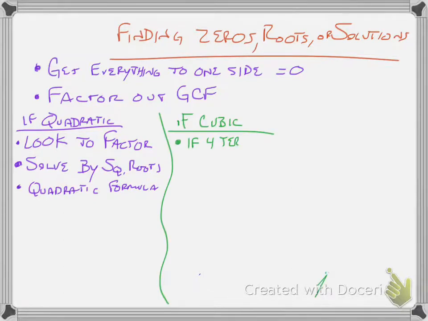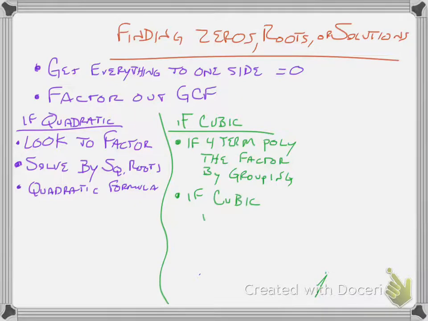So if it's a cubic, you have to see what type of cubic. If it's a 4-term polynomial, then factor by grouping. If it's a cubic binomial, it should be the sum of cubes or difference of cubes.